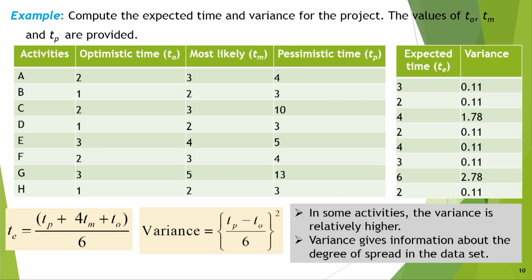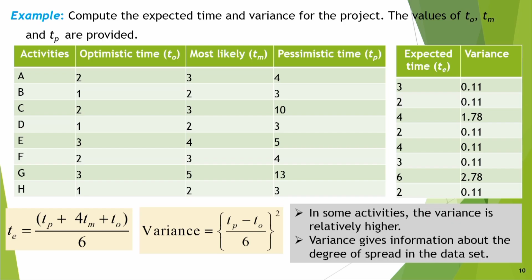Let us see one example. Suppose we compute the expected time and variance for the project. The values of TO, TM and TP are provided. TO is the optimistic estimate.